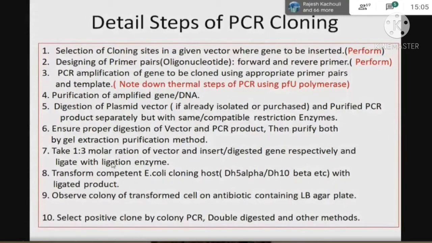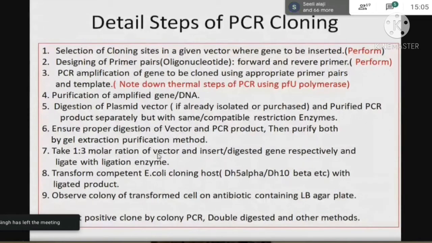So we don't know whether ligation is successful or not. Most of the time we take that ligated mixture and transform our competent E. coli cells. We must keep our competent E. coli cells ready before this ligation. Ligation time also depends upon the ligase enzyme you are purchasing, from which company and which type of ligase.